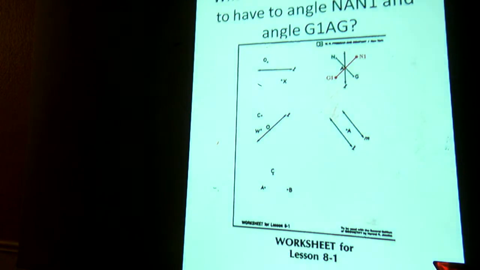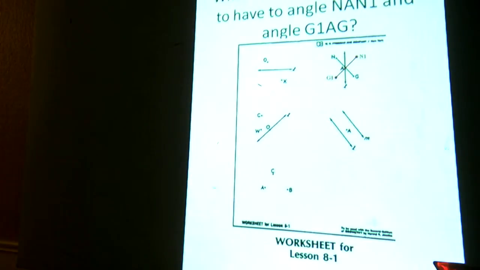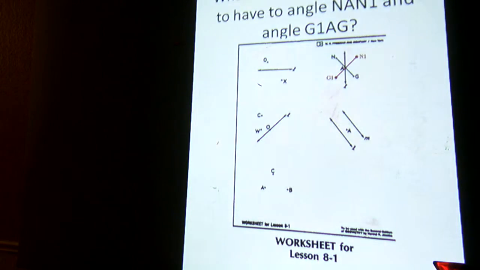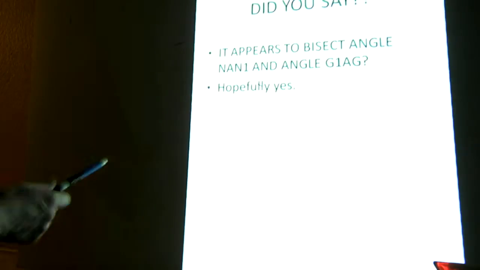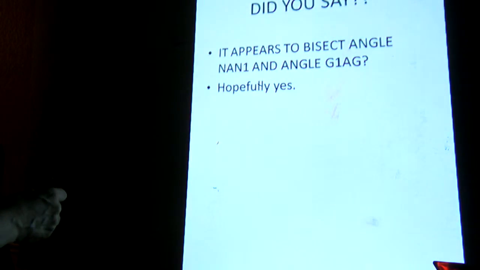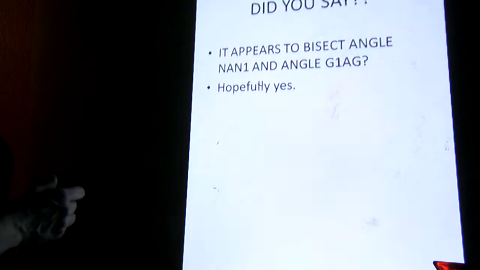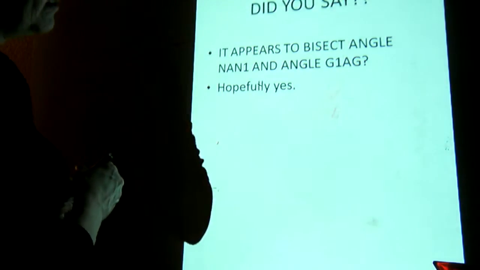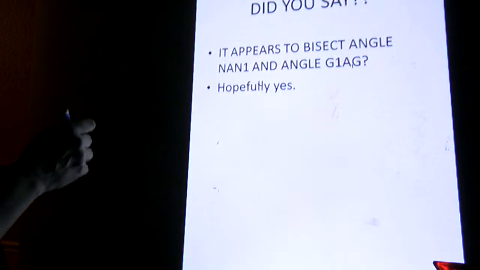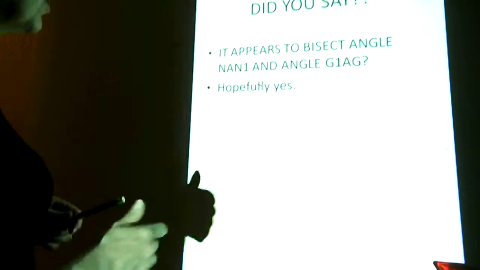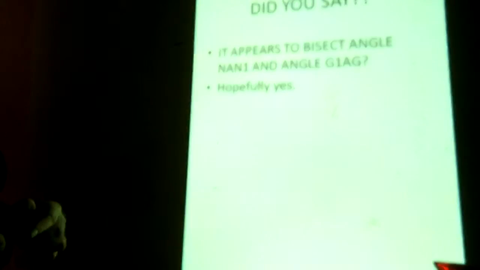Go ahead and think about that for just a minute. You can turn it off if you need to. And hopefully you said that it appears to bisect angle NAN1 and angle G1 should have been A1 or A. Hopefully you did say that it does appear to bisect the angles.